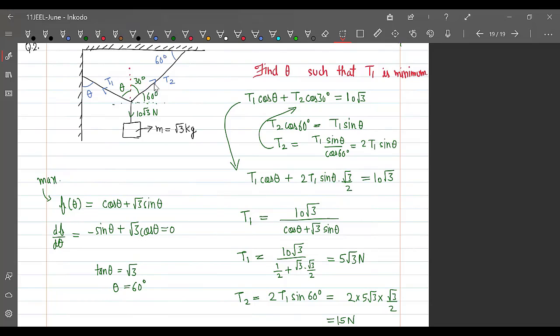So मैंने T2 का component horizontal में लिया तो that will be T2 cos 60 and T1 का component horizontal में लिया that will be T1 sin theta. T1 cos theta हो जाएगा ऊपर की direction में and T1 sin theta will be in the leftward direction. So left वाला force should be equal to right वाला force. और कोई force नहीं है horizontal.